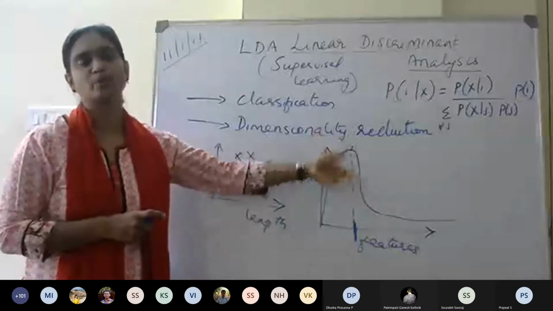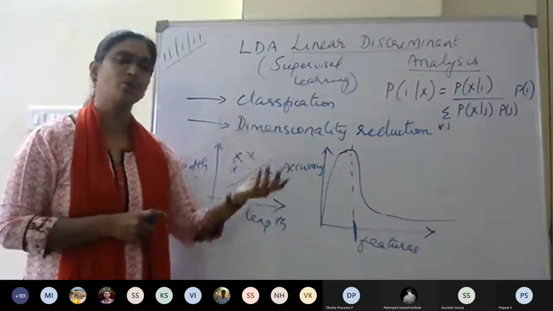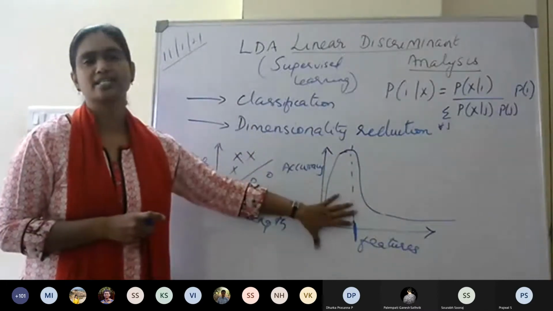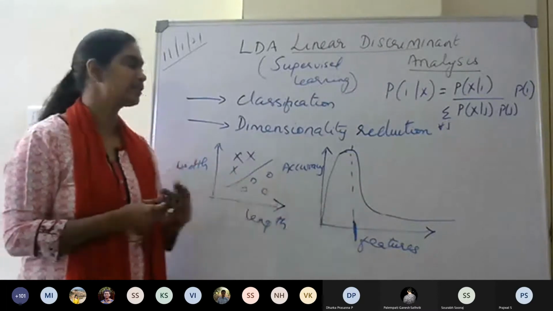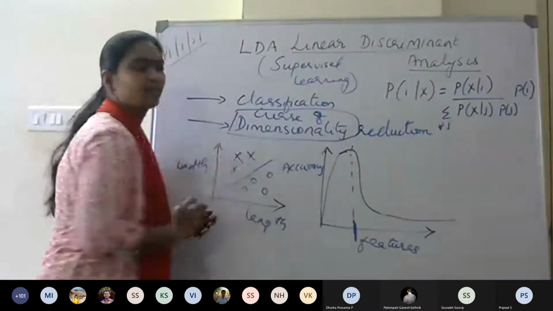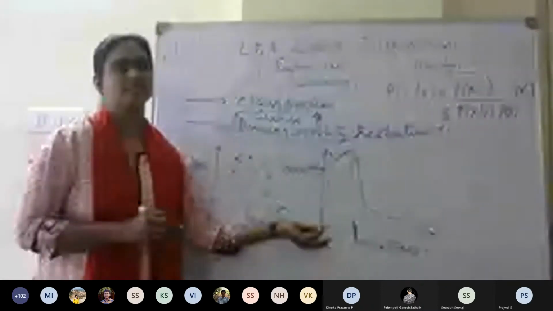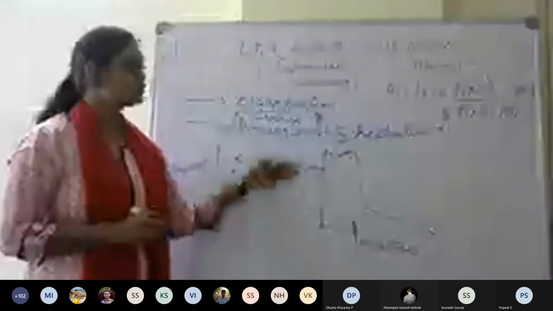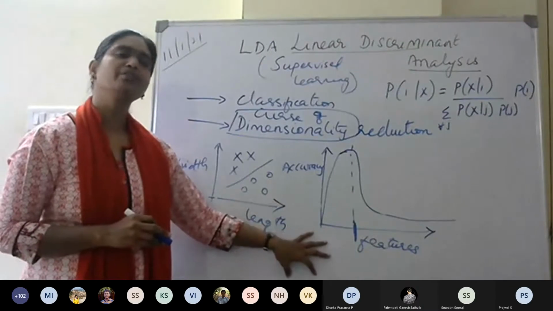And when you increase the number of features, if the accuracy reduces or there is no improvement in the accuracy by adding more features, then that is called the curse of dimensionality. That means adding more features will not improve my accuracy. It is only complicating my classification process. So we need to reduce the number of features.